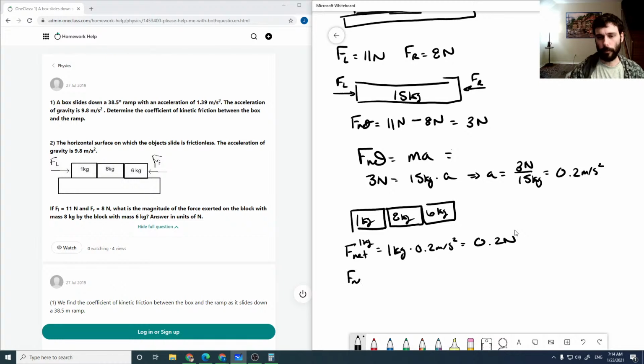Our F net for our 8 kilogram block is 8 kilograms times 0.2, which is 1.6 newtons, and our F net for our 6 kg block is 6 kg times 0.2 meters per second squared, which is 1.2 newtons.